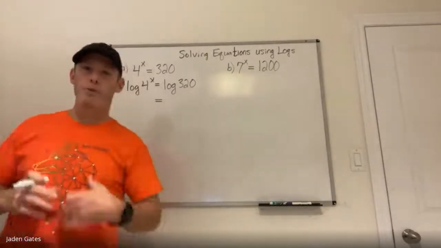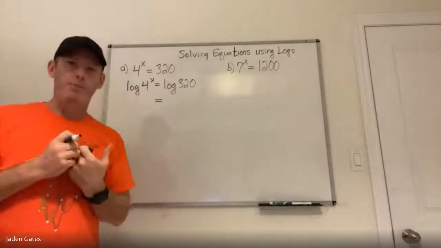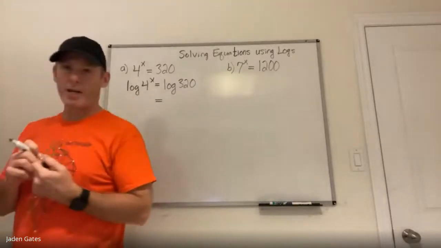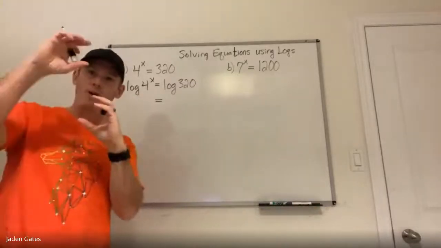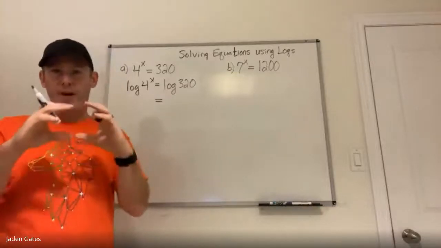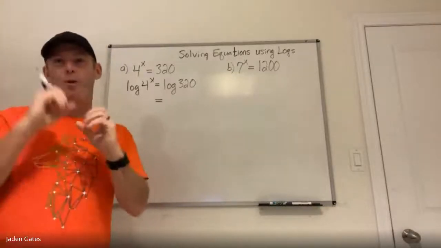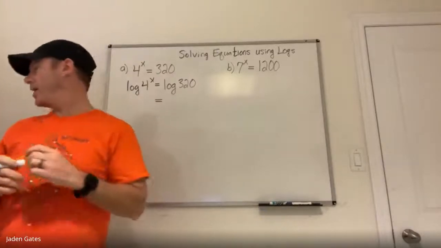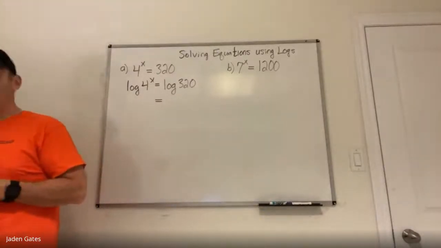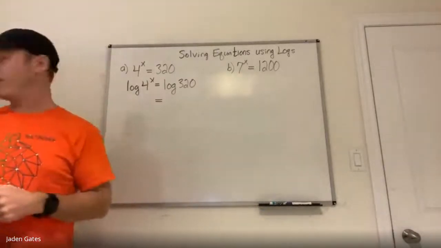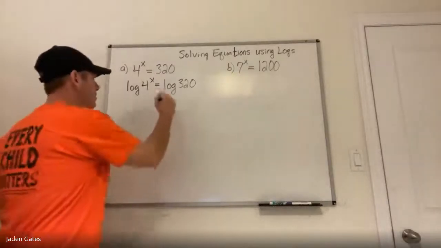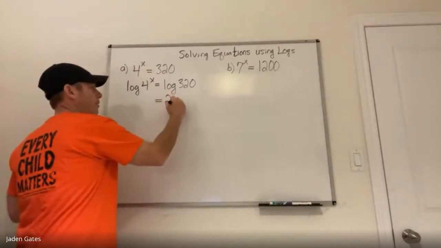Again, the log function takes a number and makes it smaller. Because the log function uses a base of 10, it's asking: what would the exponent be if I had a power with a base of 10? That's essentially what it's saying here. If I type log 320 into my calculator, I get 2.51.